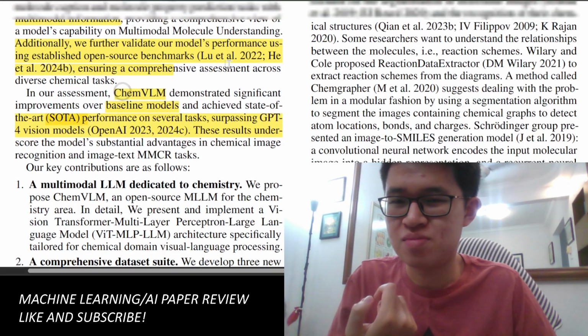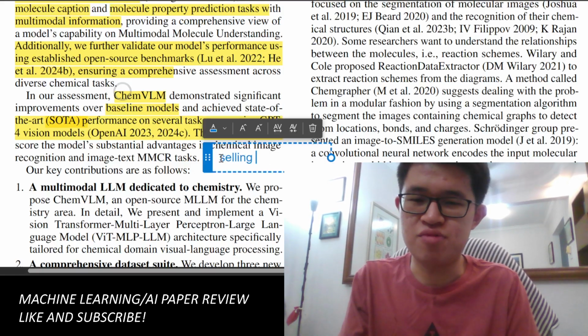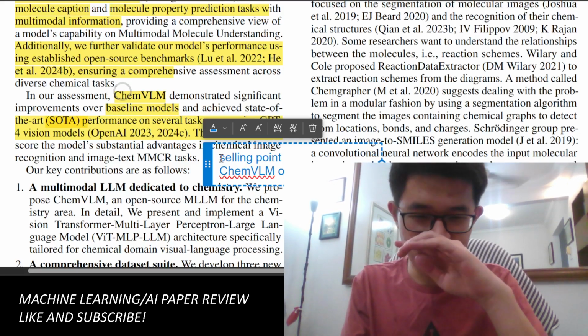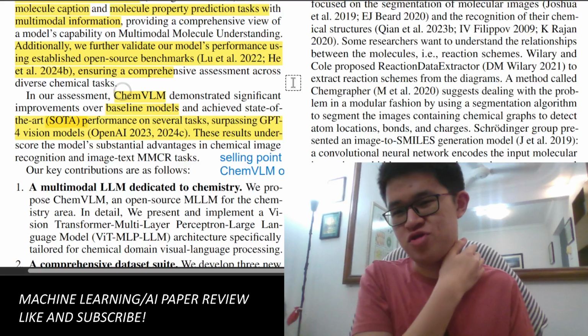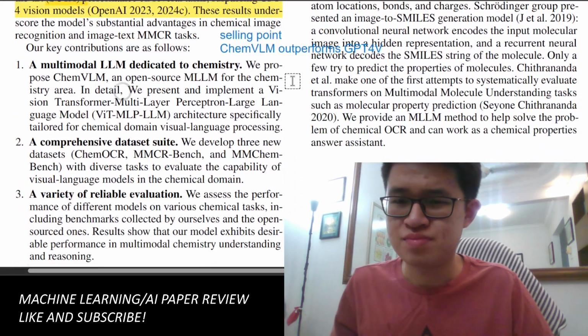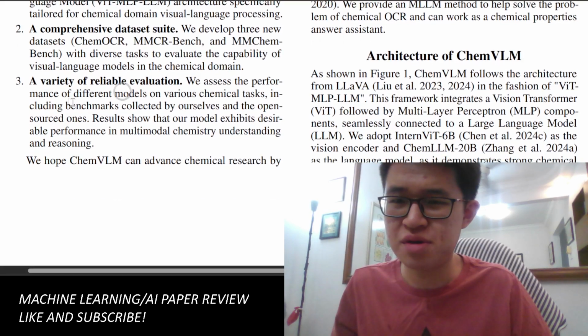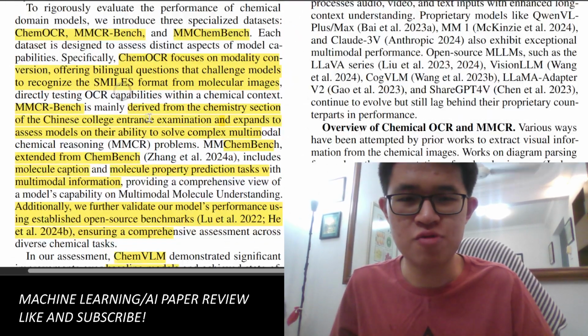And this is the selling point: ChemVLM outperforms GPT-4V, or we just call it GPT-4. And they listed out their key contributions here. Yeah, it's pretty much covered so far.